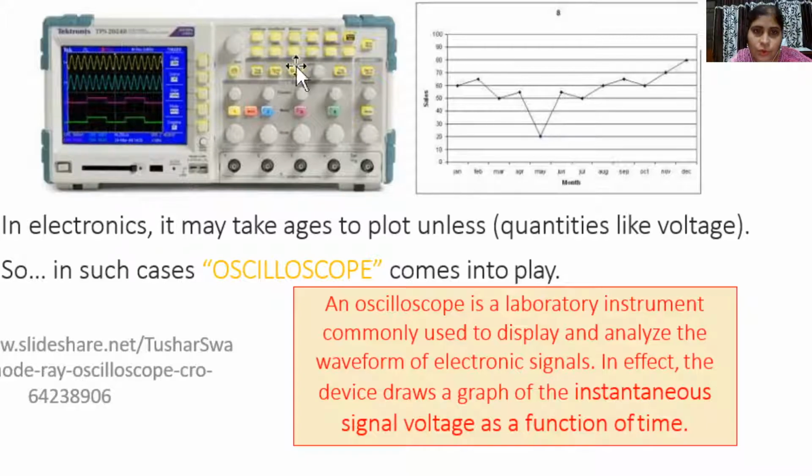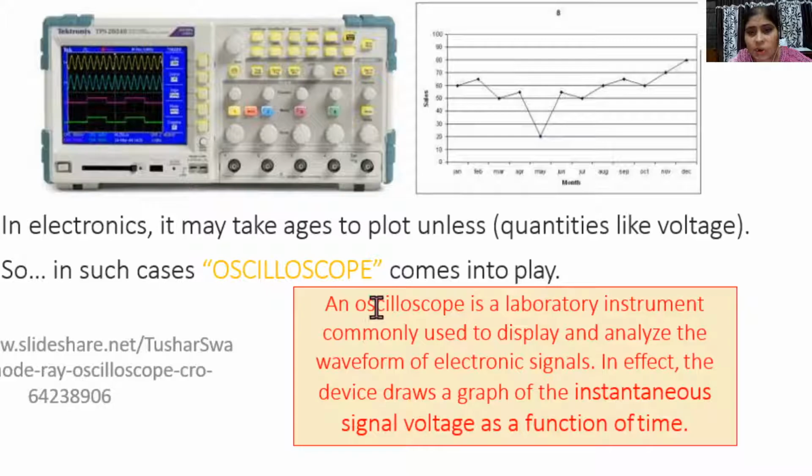As you can see here, this is the oscilloscope. This oscilloscope can be used to display waveforms. You can see the sine waves and the square waves shown here. Other waves are also possible to display.